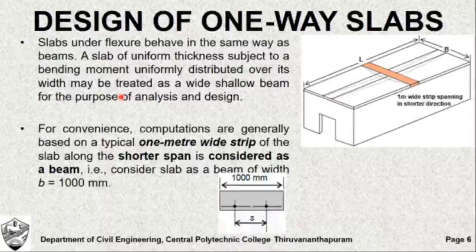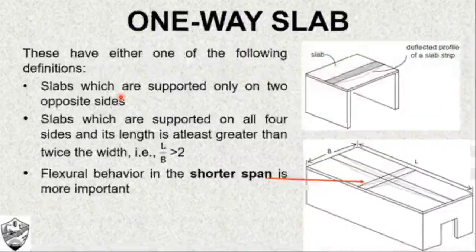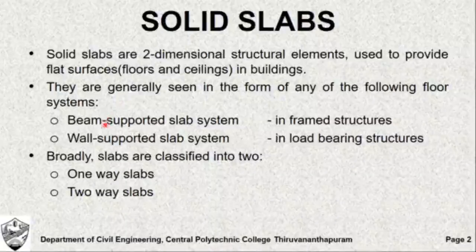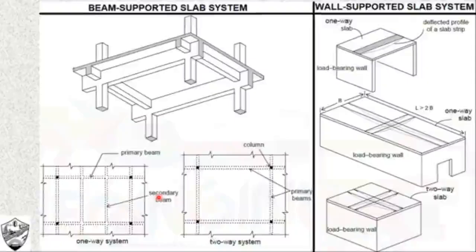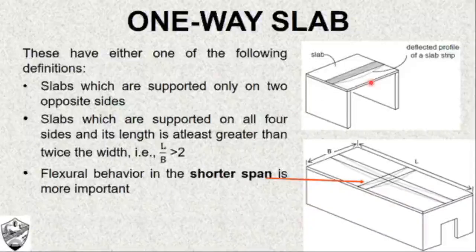So we have already studied the two kinds of slabs, the one-way slab as well as the two-way slab, and in our curriculum we are bound to design both. You must bear in mind, a one-way slab is a slab for which L by B is greater than 2, and its shorter span is very important for the design.